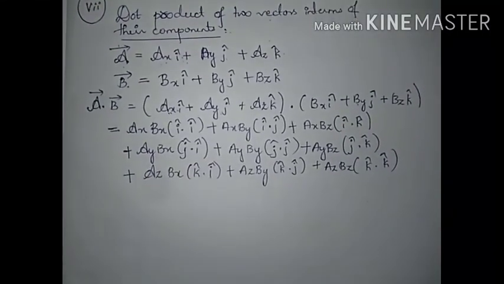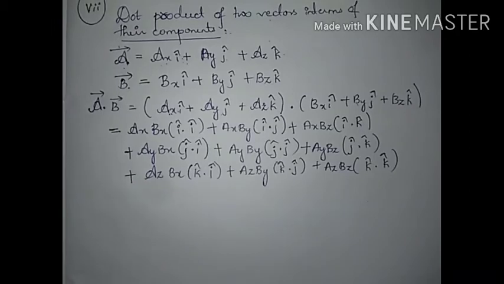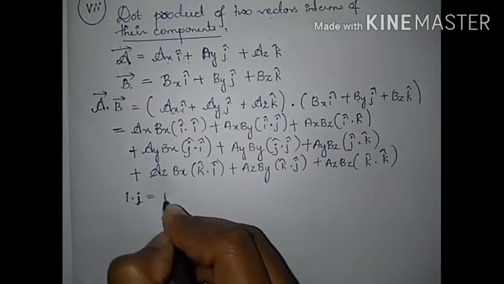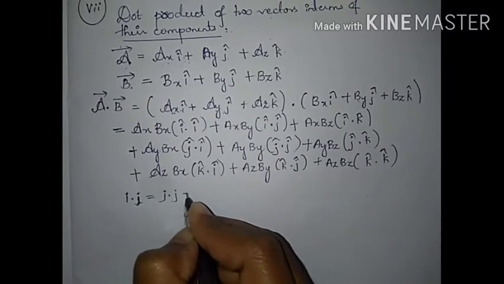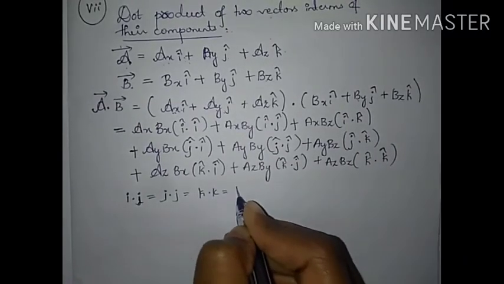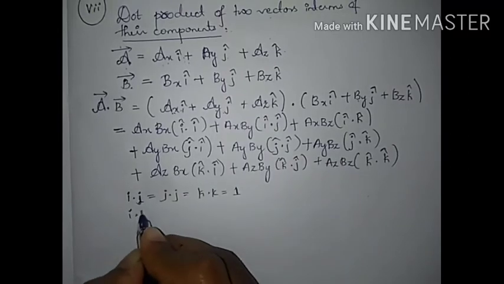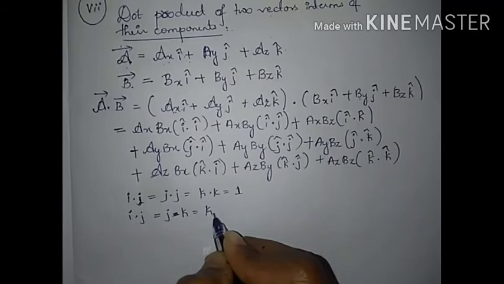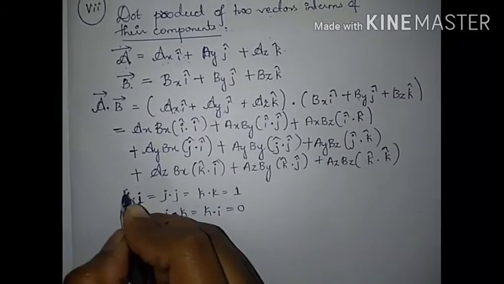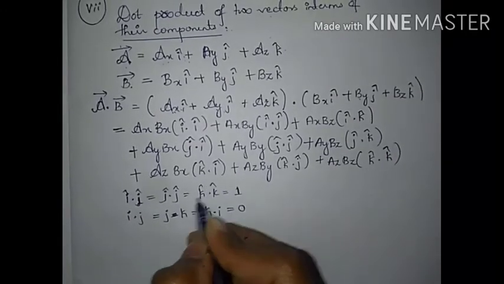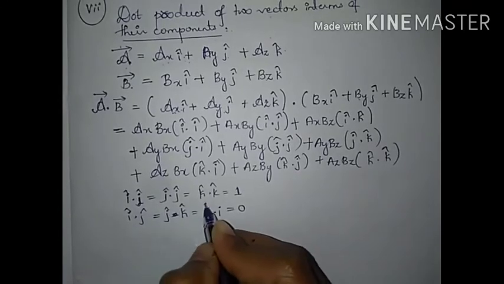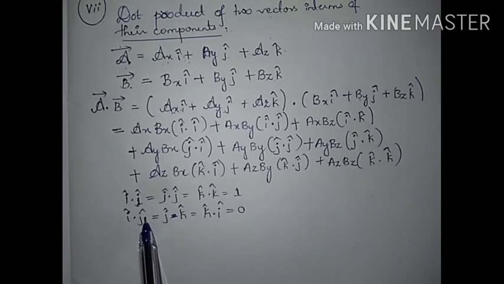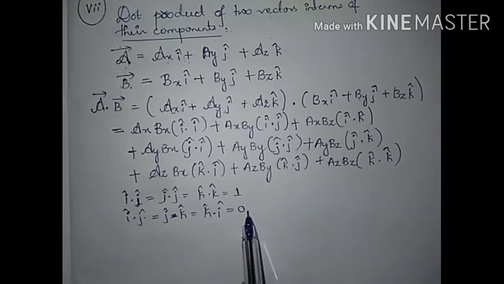From property number 4 and 5, we know that i dot i is equal to j dot j is equal to k dot k is equal to 1, whereas i dot j, j dot k, k dot i is equal to 0. So wherever there are different unit vectors, that is equal to 0.